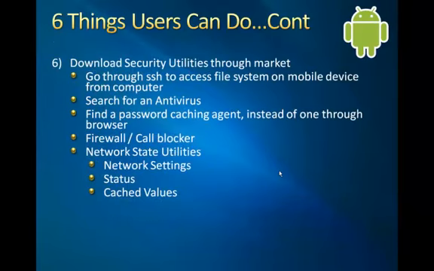The last thing to do is usually downloading a lot of security utilities. This one, go through SSH to access the file system on your mobile device from a computer, allows you to use wireless but go through a secure shell to access your phone's file system.